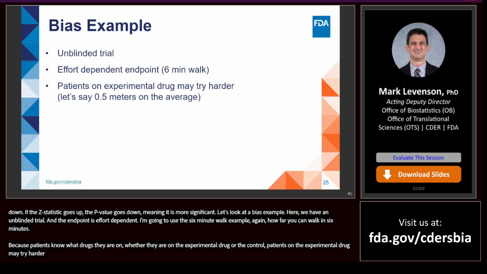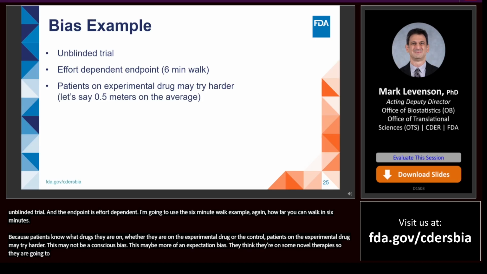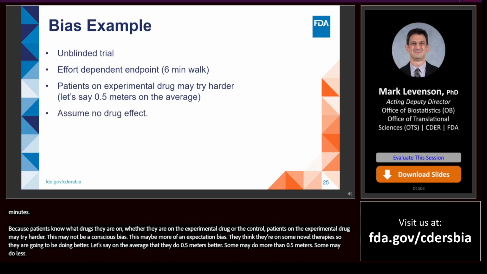Let's say on the average that they do 0.5 meters better. Some may do more than 0.5 meters, some may do less, but on the average, this expectation bias makes people on the experimental drug do 0.5 meters longer in a 6-minute walk. Let's assume there's actually no drug effect here.